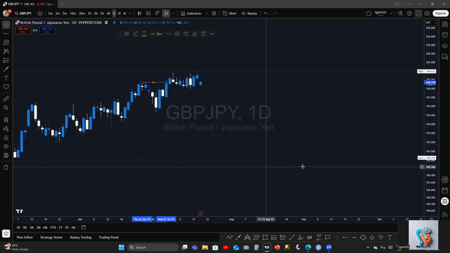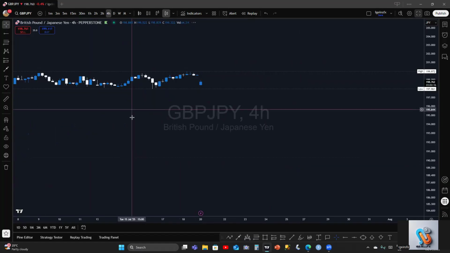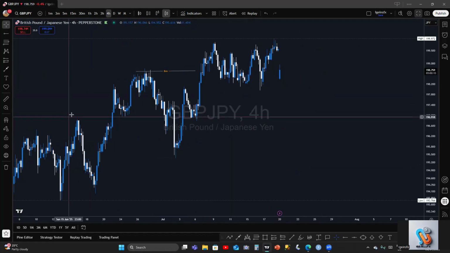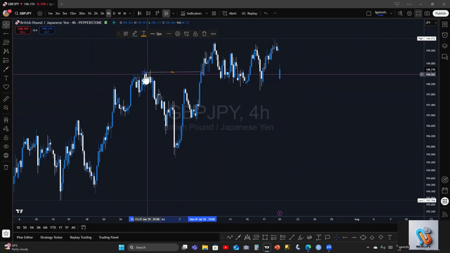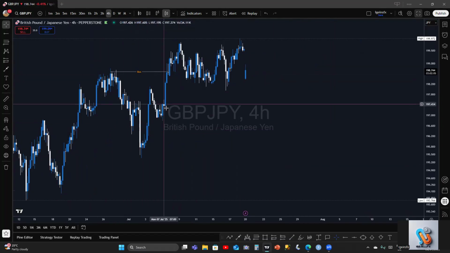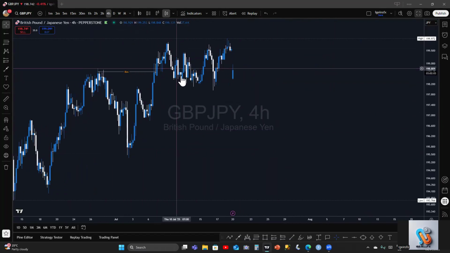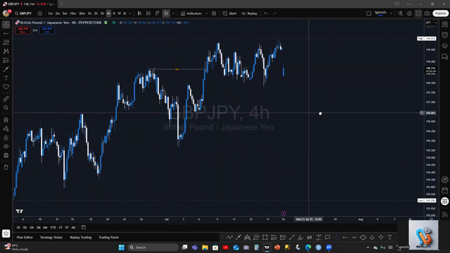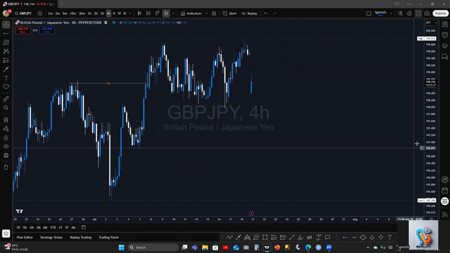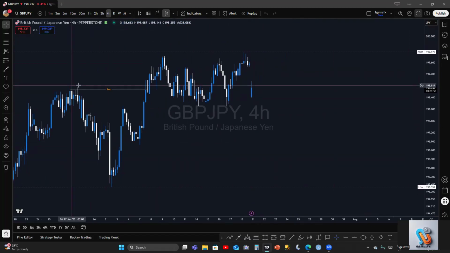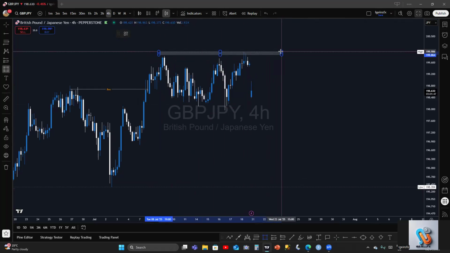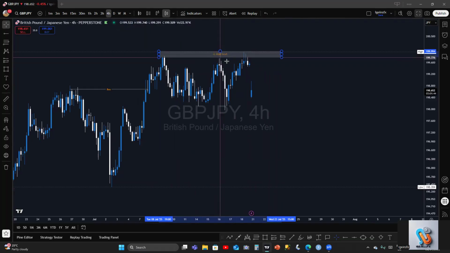This was the last break of structure, and we scale down to 4 hours. After this last break of structure, price created a resistance here.